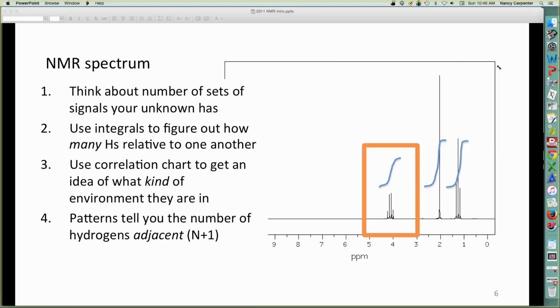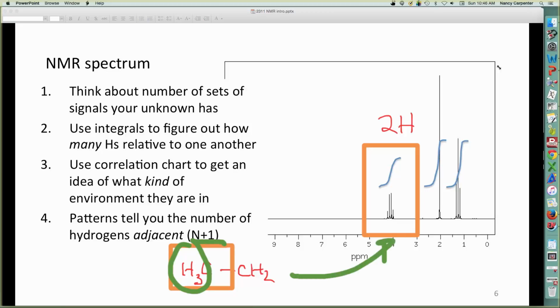There's 4 signals there, so that implies that whatever this 2 hydrogen signal is, here's my CH2, it must be next door to a CH3, because that CH3 plus 1 gives us 4. So 3 adjacent hydrogens plus 1 gives us 4. So this is just helping me build up this molecule as a CH2 next to a CH3.